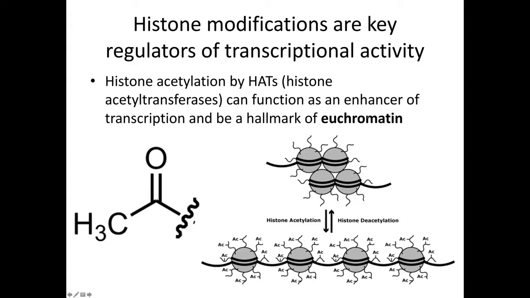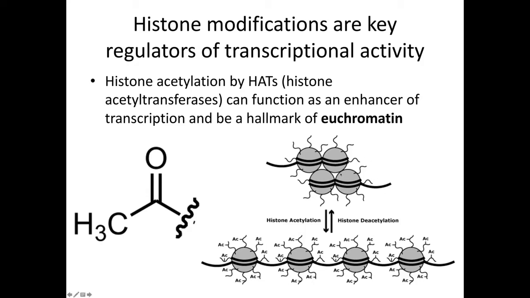Here we have these nucleosomes and they're all in a compacted state, but once these tails get acetylated, that causes the nucleosomes to space themselves out, because it's thought that the acetyl groups are charged in such a way that they force the nucleosomes to be spread around more evenly.